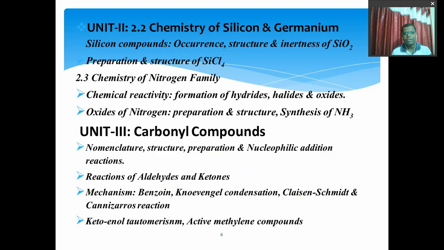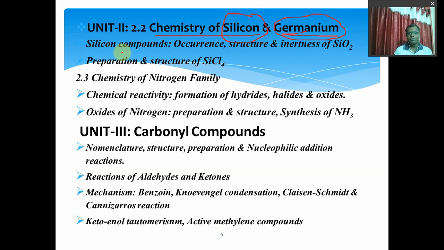The second topic in unit number 2 of chemistry paper 2 of SYBSc in semester 3 is called chemistry of silicon and germanium. Again, it is very important. What is the chemistry of silicon and germanium? These are two important materials in the field of semiconductors.